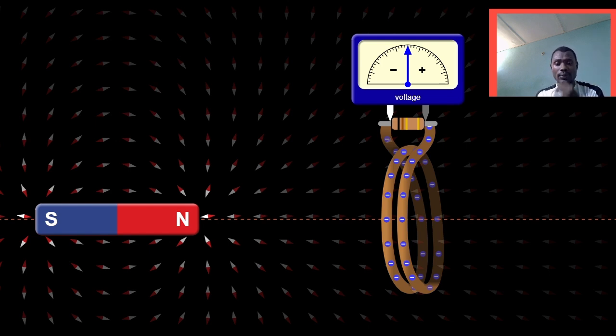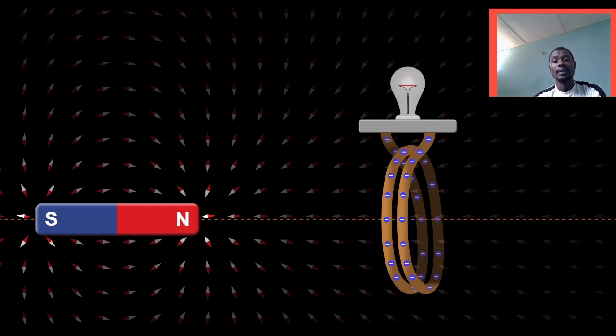Now we have a bar magnet, which is surrounded by a magnetic field. We know that one. And we have a coil of wire, and this one will serve as a galvanometer. We don't have a galvanometer per se, but we use this as one. So those are the three things that we need. We also have another indicator, which I will show later, and that is the bulb.